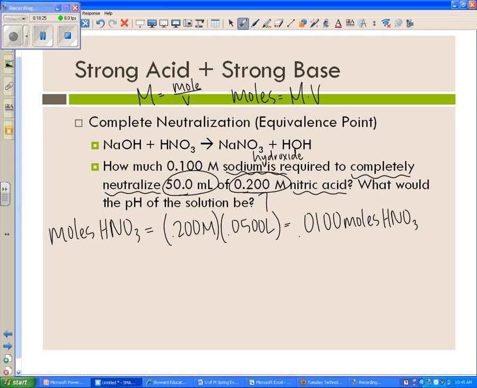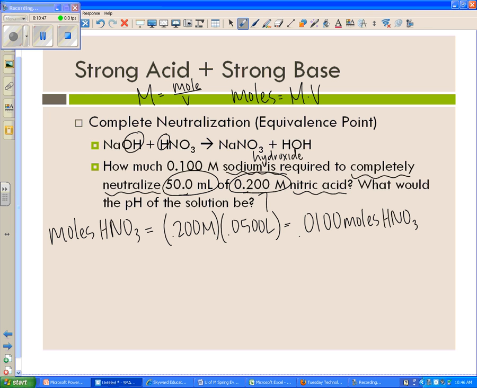And I know this is a 1-to-1 ratio. This is a base that dissociates in a 1-to-1 ratio. So for every one hydrogen ion, I need one hydroxide ion. So the moles of sodium hydroxide should be equal to the moles of acid.